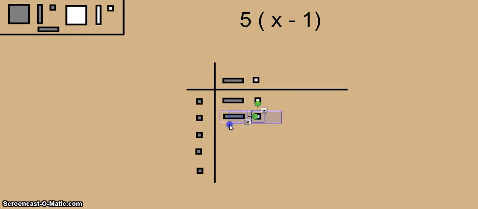And we're going to continue to multiply our constant terms by the polynomial x subtract 1. And the area modeled inside of the multiplication chart is the answer.